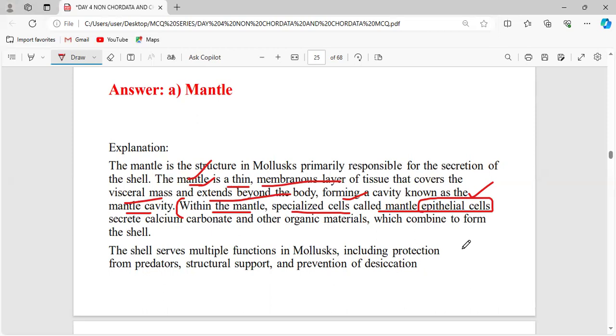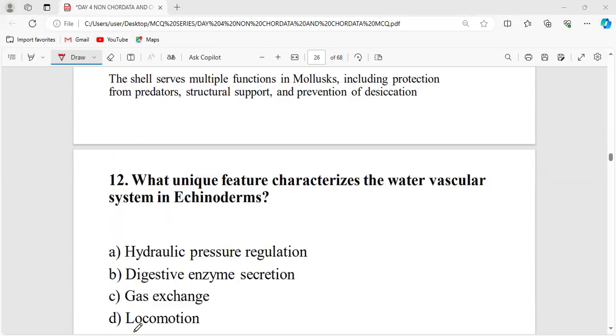We have three different types of epithelial cells: squamous, columnar, and ciliated. What is the type of epithelial cells in the mantle of mollusca? Very good. Mainly it is the columnar epithelial cells.